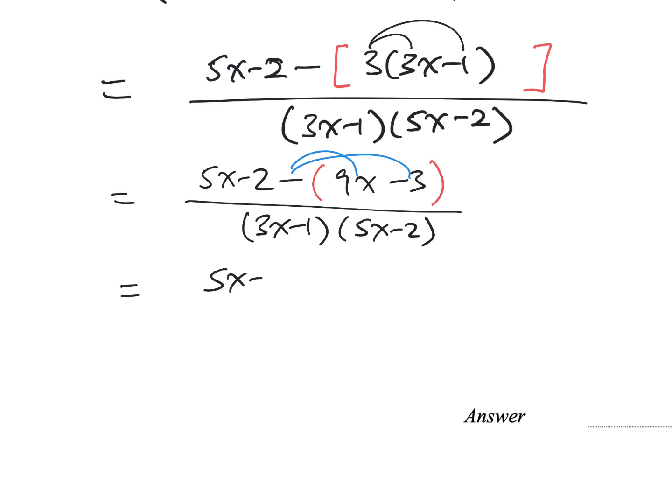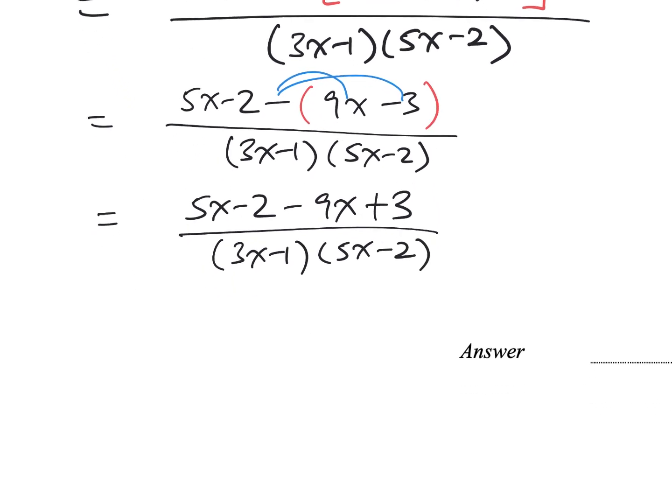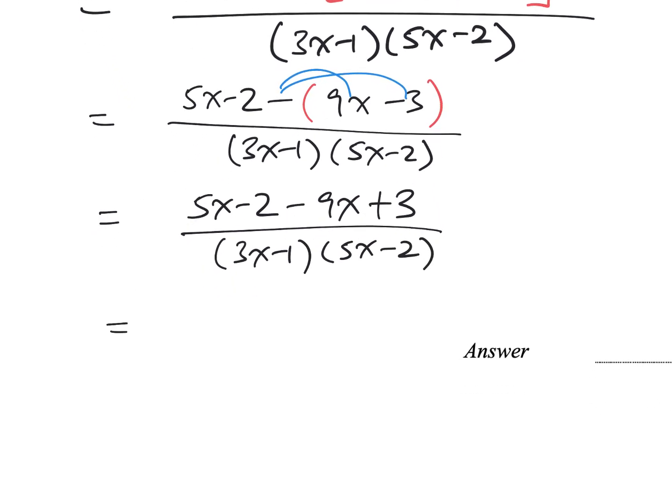So 5x minus 2, this is negative 9x, negative, and I bring it into the negative 3, I get a positive 3 over this. And now I simplify. So I have negative 2 plus 3, that gives me 1. And 5x minus 9x gives me negative 4x.